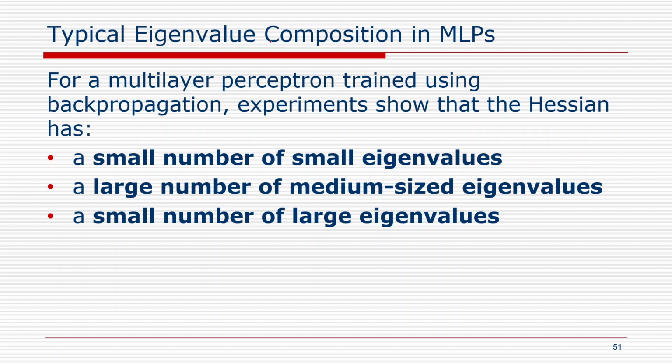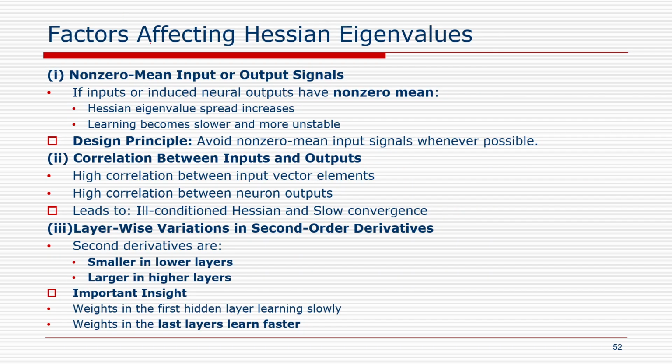Typical eigenvalue composition in multilayer perceptrons. For a multilayer perceptron trained using backpropagation, experiments have shown that the Hessian has a small number of small eigenvalues, a large number of medium-sized eigenvalues, and a small number of large eigenvalues. The factors affecting Hessian eigenvalues are non-zero mean input signals.